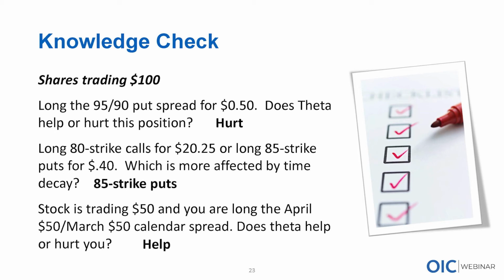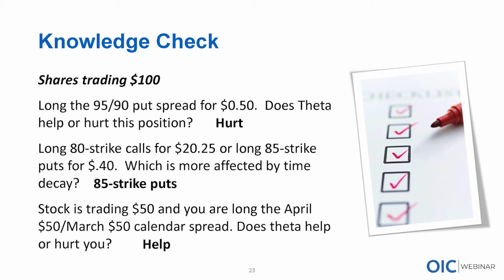So the 80 calls, stock trading 100, it has more premium in it. We have to look at how much time premium is in those calls. So if those calls are trading 20 1/4, $20 of those calls are intrinsic value, and 25 cents of those calls are extrinsic value or time premium.